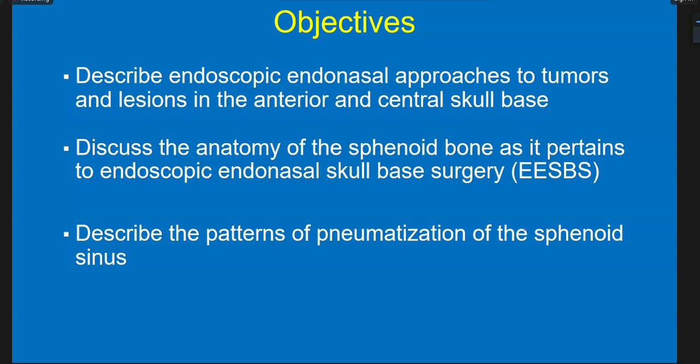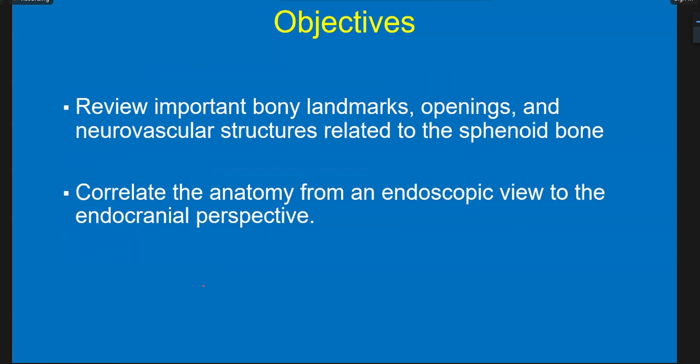We'll describe patterns of pneumatization of the sphenoid bone. This is also relevant. We'll review the important landmarks, openings, apertures, neurovascular structures related to the sphenoid bone. And finally, we'll correlate the anatomy from an endoscopic view to the endocranial perspective.